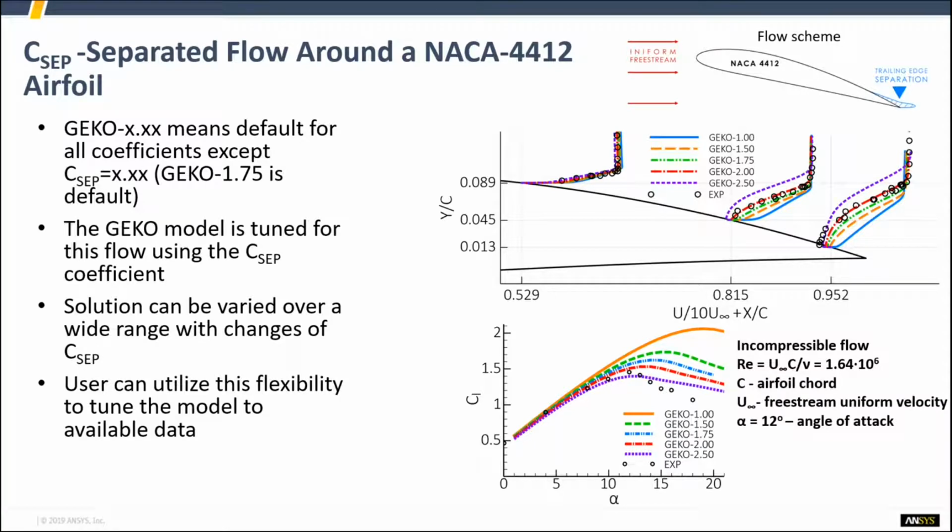If there's a specific application, like you're running a car in a wind tunnel and you tune your GEKO model, in this case you would tune CSEP, which is your separation coefficient, to have the same separation bubble as what you would see in a wind tunnel model. Then you can run different CFD models with greater confidence that your model is correct for your specific application.